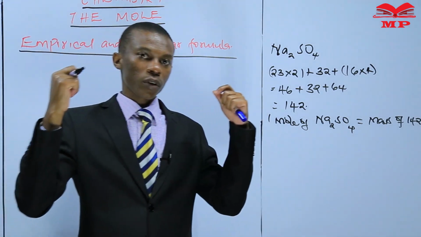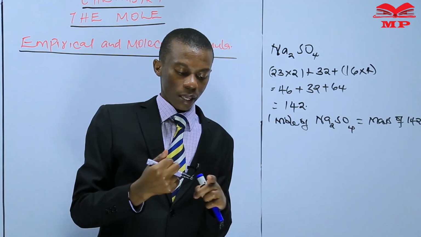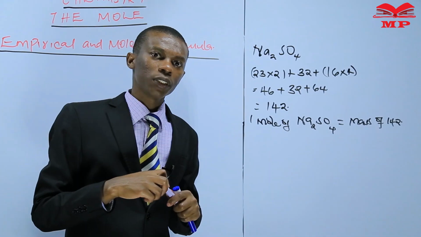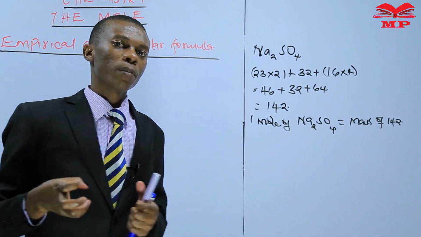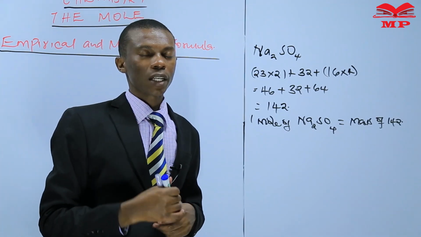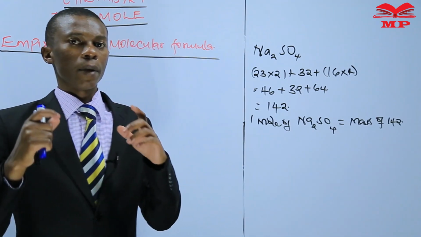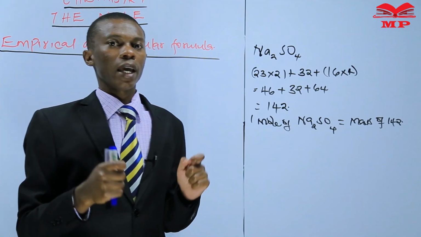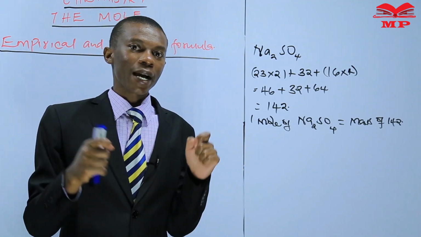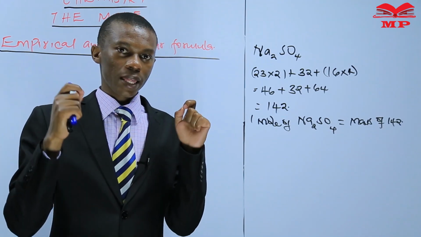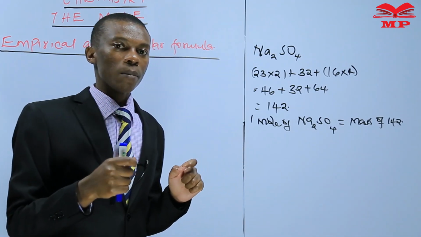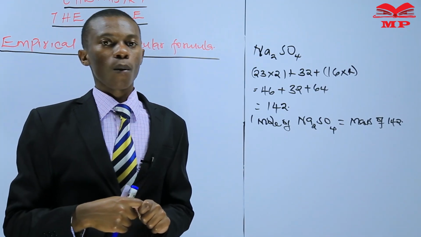Again, make sure that you are able to calculate the relative formula masses of various compounds when you are given the relative atomic masses of each of the elements forming those compounds. I hope that you still remember that, and you are going to do more examples so that you get a better understanding of the relationship between the relative molecular mass, relative formula mass, and the number of moles.